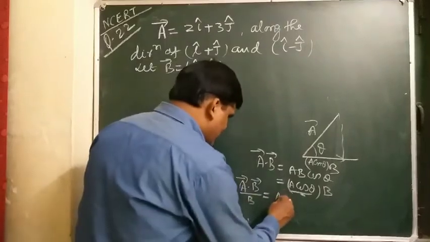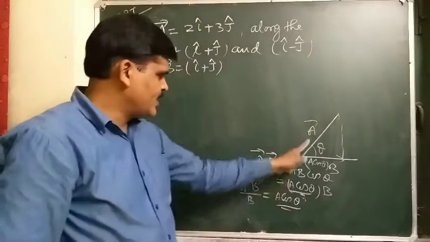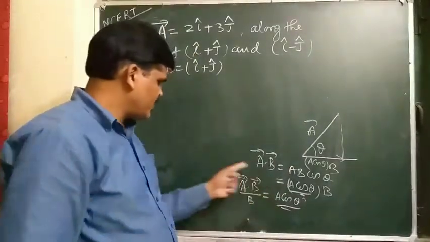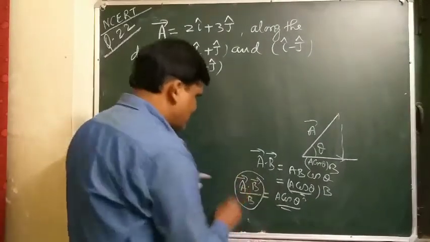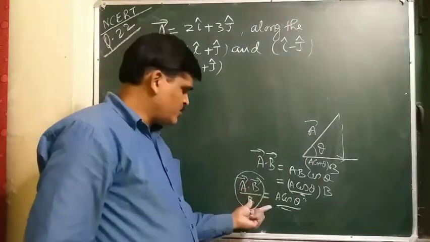So we have to find a cos theta, the component of a in the direction of b. So we have to find what, we have to find this one. So using this formula, I have already explained this formula to you.